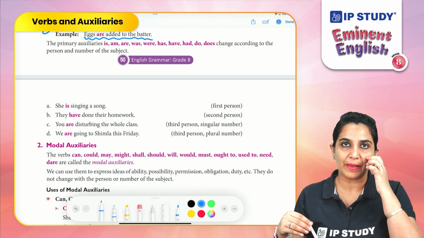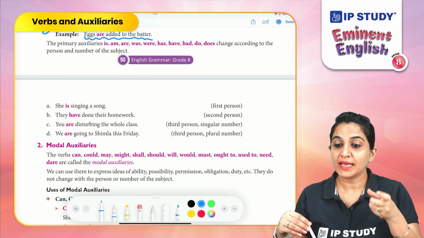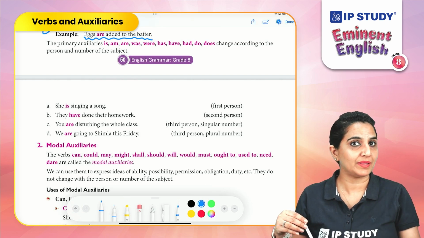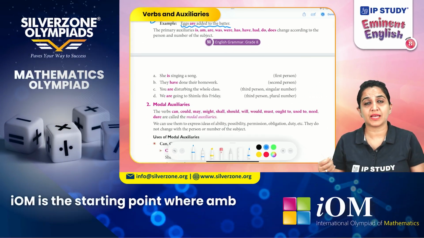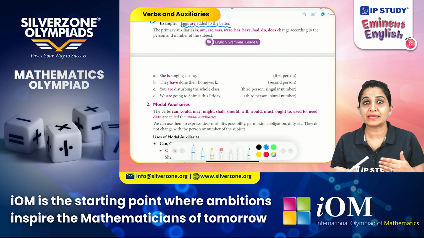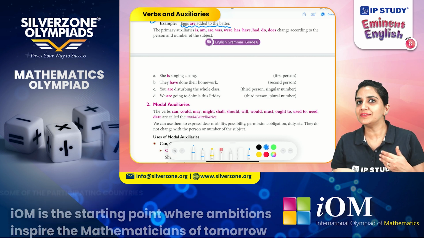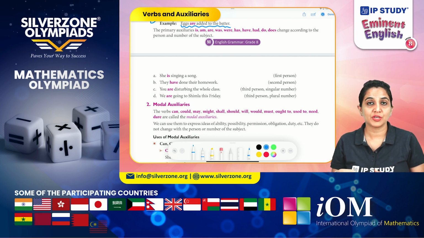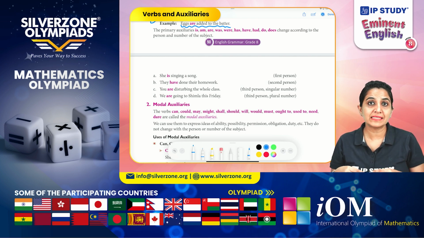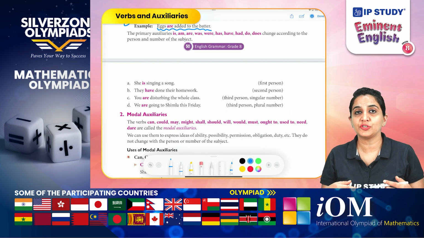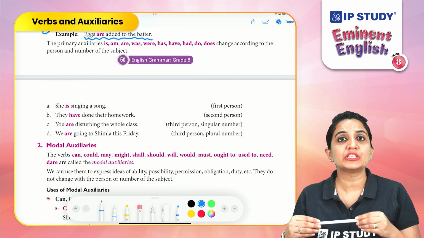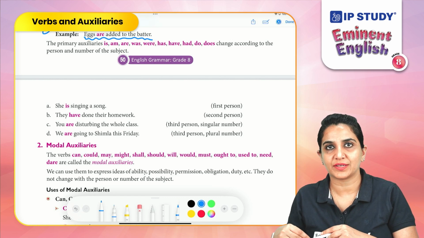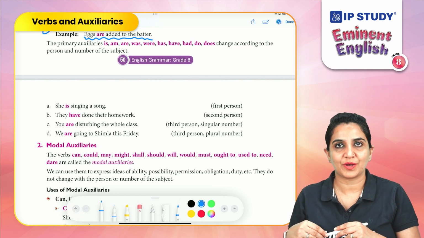If there is a first person in the subject, then we use the primary auxiliary accordingly. Same with the second person as the subject. So, primary auxiliaries change with the change in number or the change in person of the subject. Let's read these examples now.